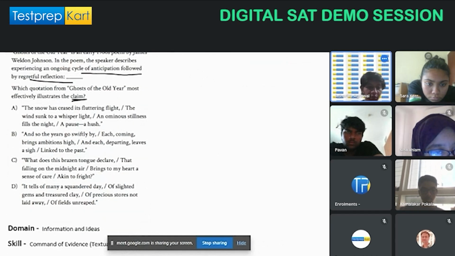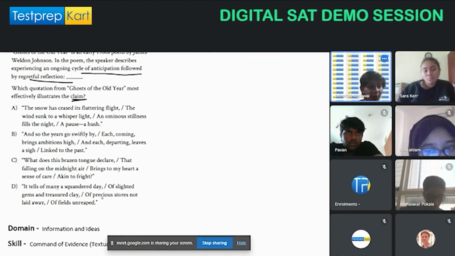This is basically a bit tricky. It says, many a squandered day, slighted gems and treasured clay, precious stores not laid away, or fields unripped. So is there anyone of you who wants to go with this?